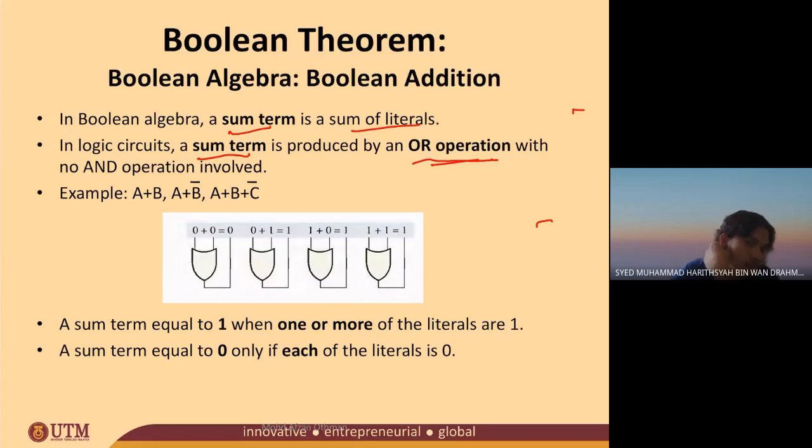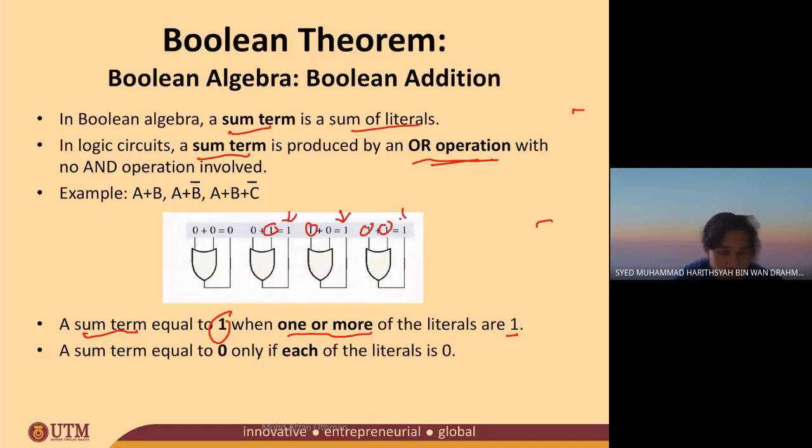A sum term is equal to 1 when one or more of the literals are 1. Okay. So if the literal, for example, is 1, the output is 1. The input is 1 here, so the output is 1.